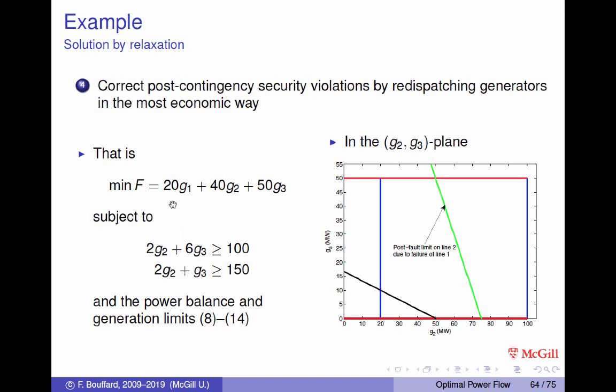So now we have the minimum cost. This was the original constraint. This is the newest addition to the family.